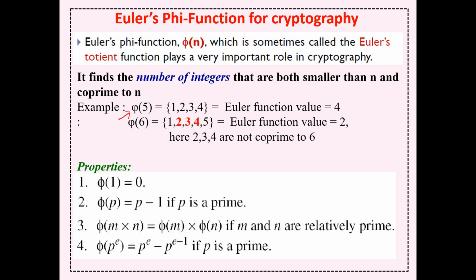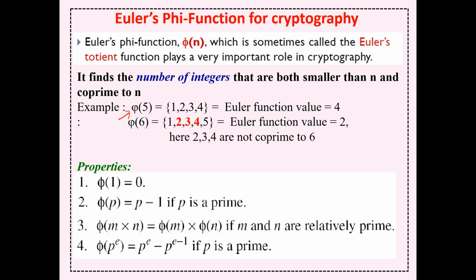So suppose you are asked to find the number of co-prime integers for the number 11, because 11 is a prime number. What we are going to do is just substitute in the Euler Phi rule: phi of 11 will be equal to 11 minus 1, 10. So there will be 10 such elements which are less than 11 and co-prime to 11. Understood? So we don't need to find any other solution. We can directly substitute in the second rule and we can get the answer of the number of co-primes present with respect to that number.